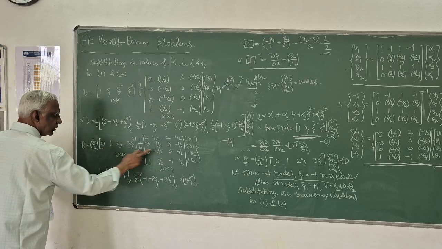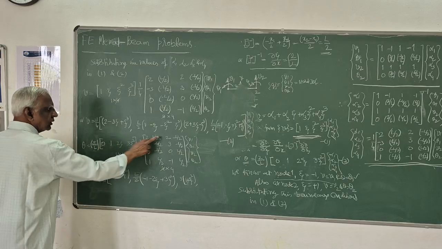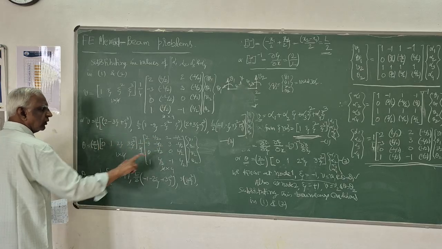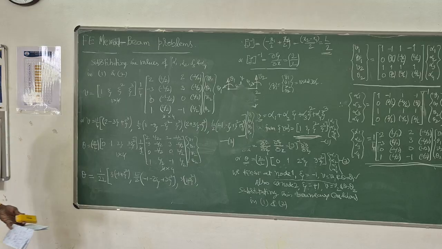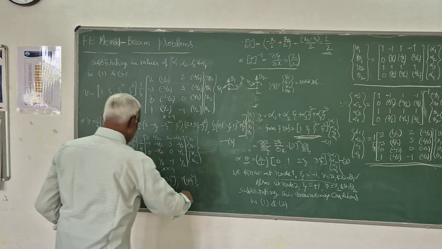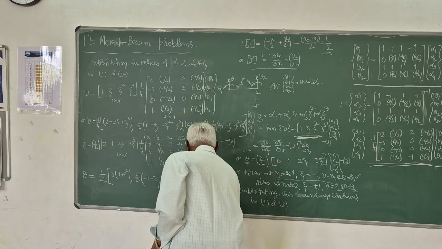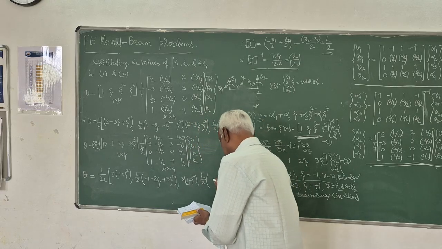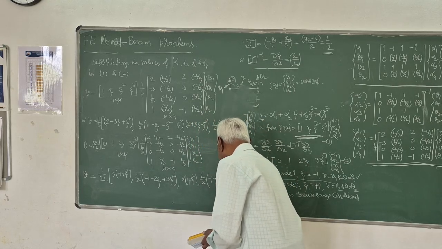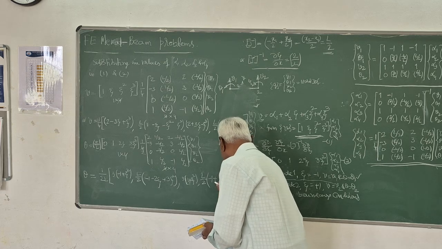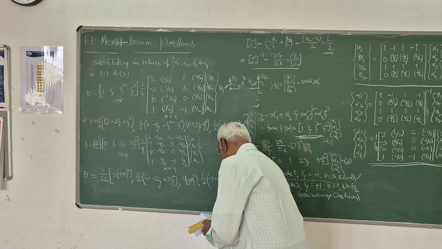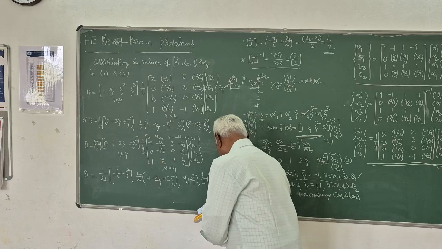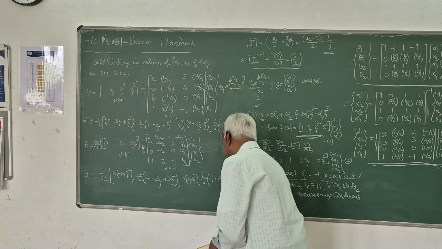This 0 you will get, this also 0. First and third will go, only this will complete. Then lastly, this is L by 2 into, you will get minus 1 plus 2 xi plus 2 xi plus minus 3 xi square.